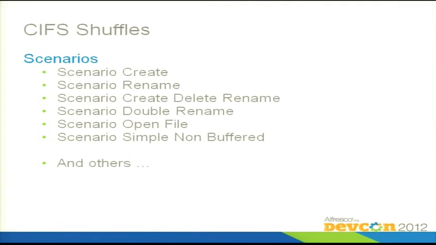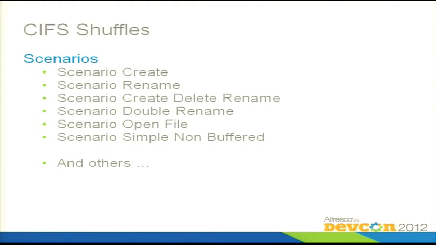Interesting ones are open file. Open file deals with files being opened and closed, and it has a counter for how many opens and how many closes. So if you open a file twice and close it once, the file's still open. If you open the file twice and close it twice, then it actually gets closed on the second. So the open file scenario is doing that opening and closing.